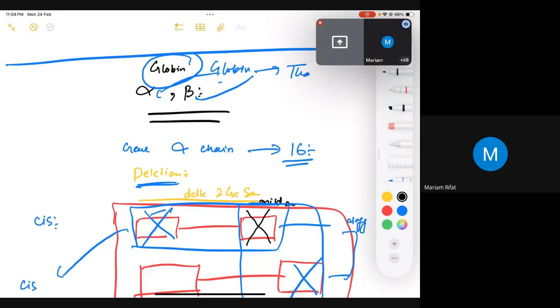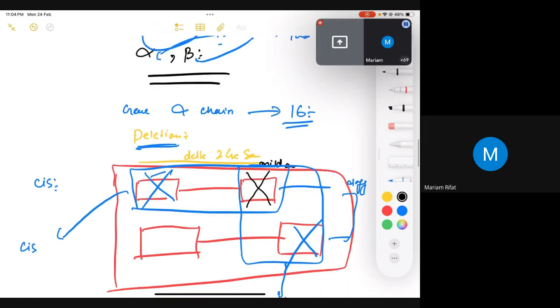For alpha thalassemia, there are 4 alpha genes. If one gene is deleted, it will be the minor alpha thalassemia. If 2 genes are deleted, there will also be the minor. But if the 2 deleted genes are on the same side, it will be the cis type, and that will be severe.